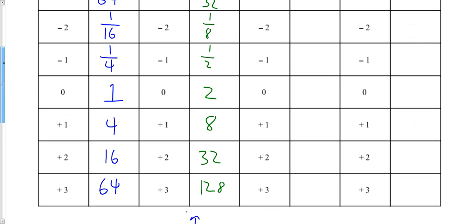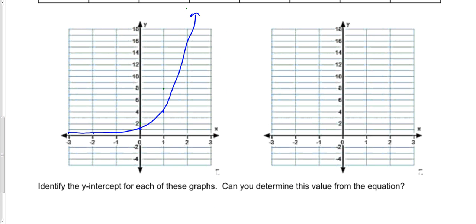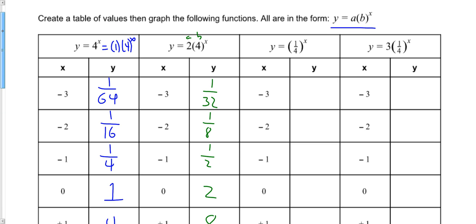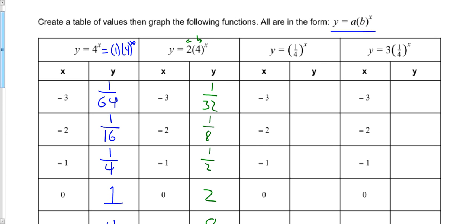At negative 1, it's 1/2, and slightly above. So I'm going to end up with an exponential curve that is rising at a steeper rate than the original.